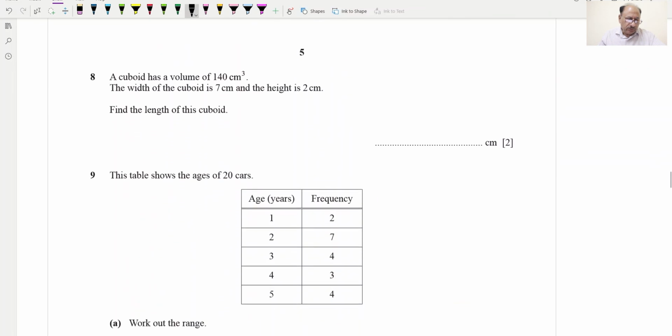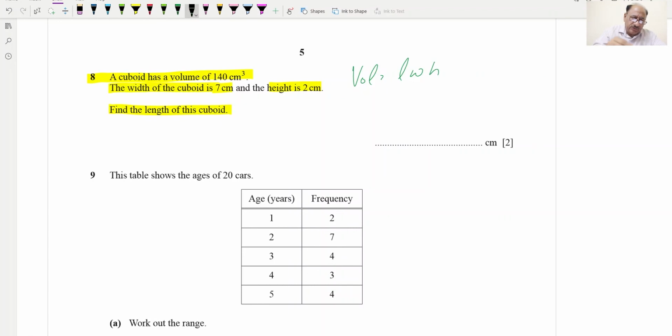Then question number 8, a cuboid has a volume of 140 centimeters cubed. The width of the cuboid is 7 centimeters, and the height is 2 centimeters. Find the length. The formula is volume equals length times width times height. So we can replace the values.